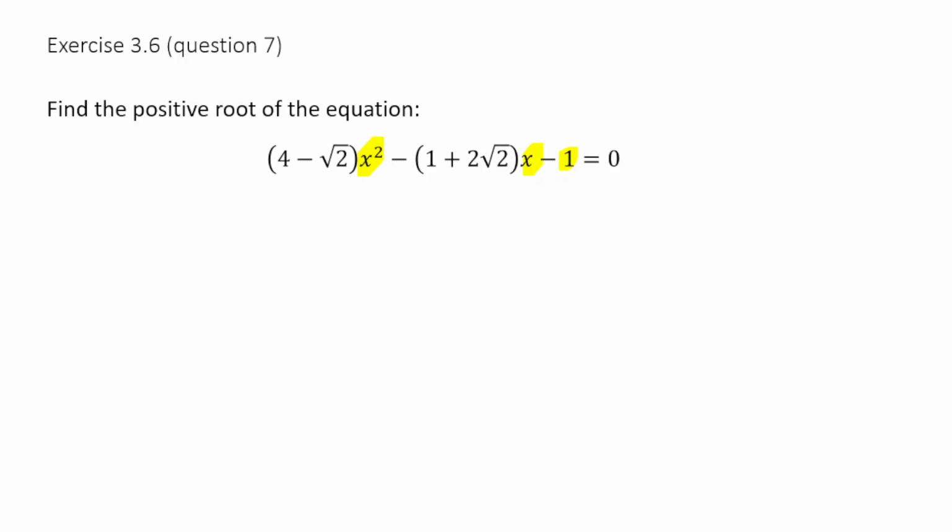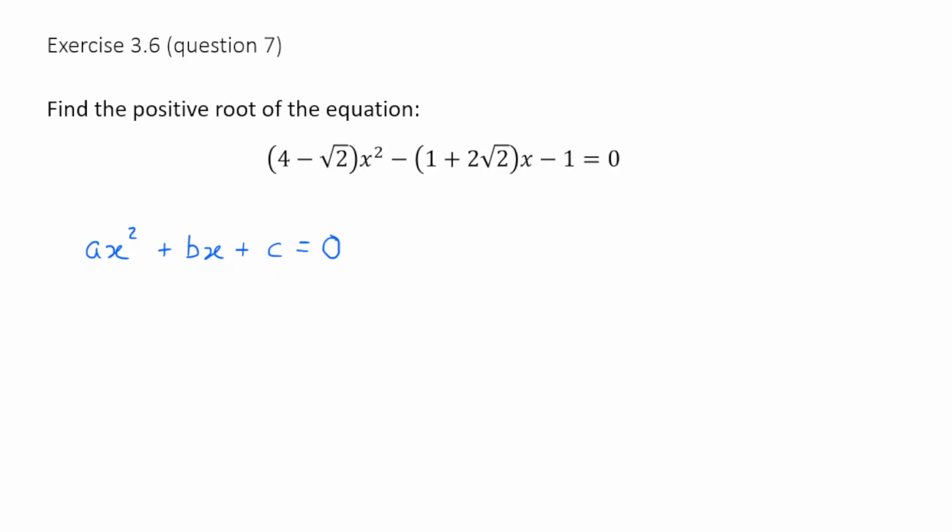Well, we can factorize, but with something that's a bit more difficult, we use the quadratic formula. So let's just recap that. Imagine that we have a standard quadratic, which we can write as ax squared plus bx plus c equals 0, where a, b, and c are just constant terms, coefficients, that could be any numbers.